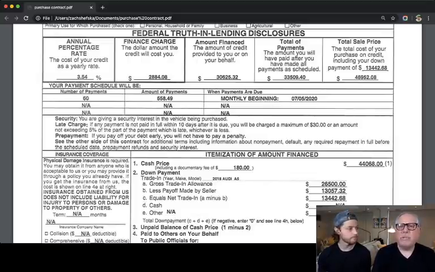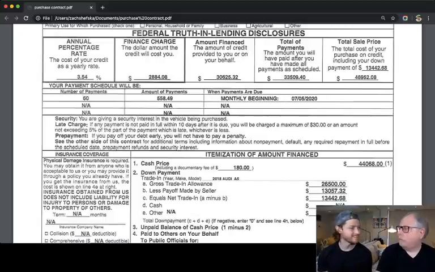So that's the balance that would have been due to the dealer. Now, the total of the payments: your payments in this case are $558.49, and you're going to be making 60 of those. So if you make 60 of those payments, that's going to add up to $33,509.40. That's the same as if you just add the finance charge to the amount financed, right?